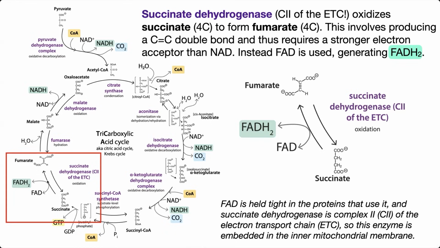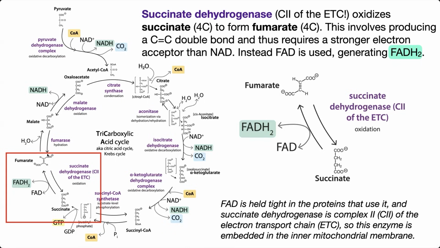And FAD, when you have FAD, it's going to be held in proteins. And so this succinate dehydrogenase is actually going to need to be holding on to that FAD. And the succinate dehydrogenase is actually complex 2 of the electron transport chain. And so this complex has to actually be embedded in that inner mitochondrial membrane where the electron transport chain occurs.